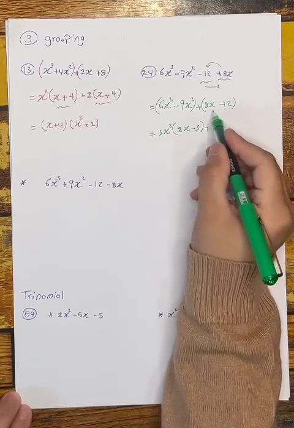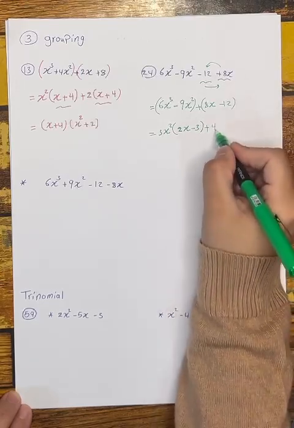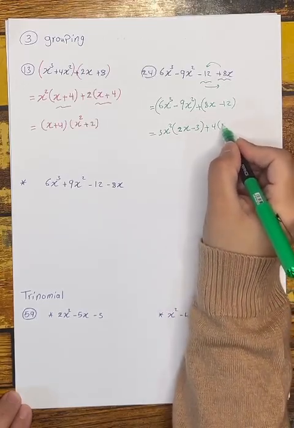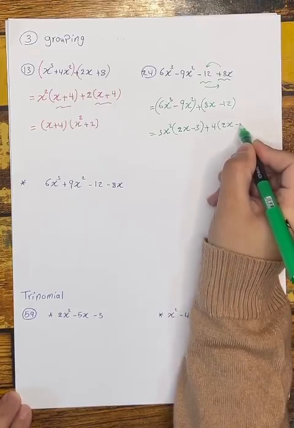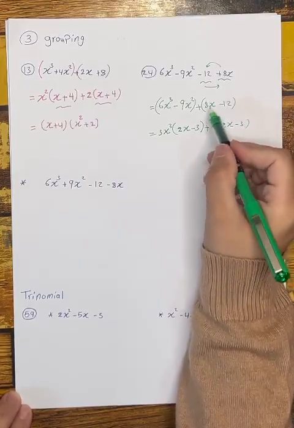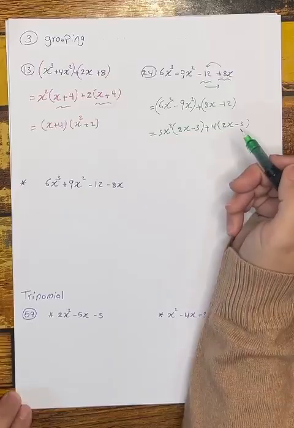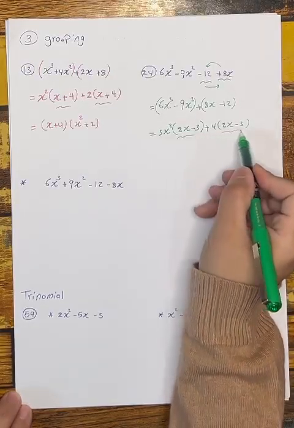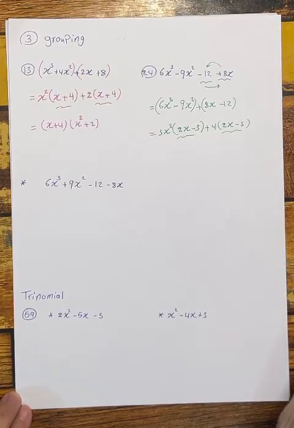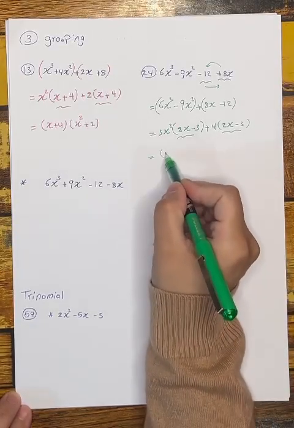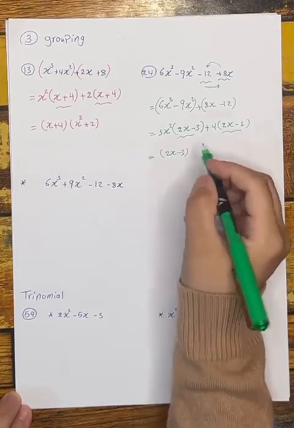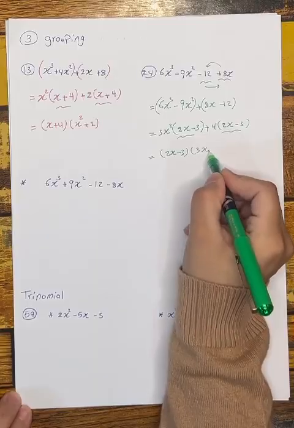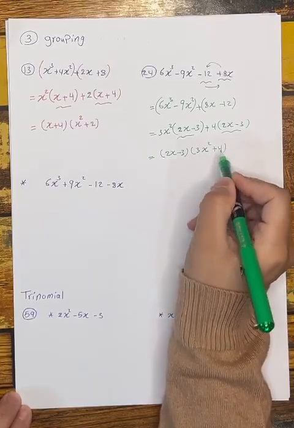Plus in the middle, the common factor between them is 4, will be 2x minus 3. Both numbers can divide by 2, but we need the GCF, the greatest common factor. Now we get a common bracket, so it will be 2x minus 3, second bracket 3x power of 2 plus 4.